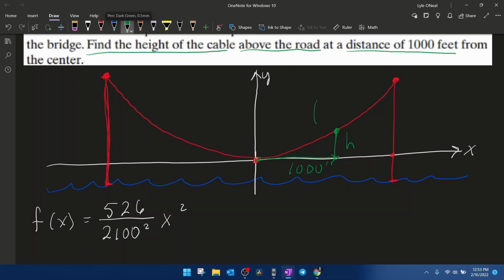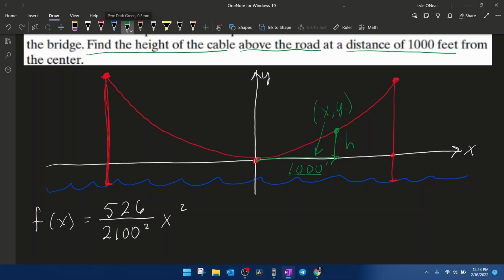Now this is going to be another ordered pair on the graph, knowing that x represents the distance over and y is the height. And so this is going to be a simple plug and play problem.